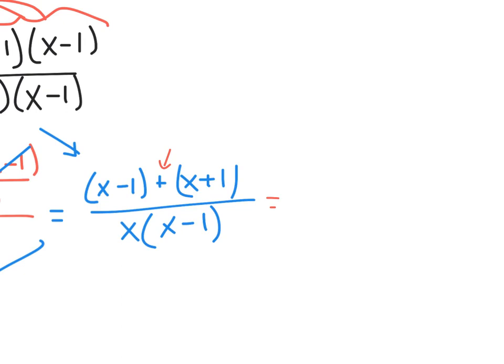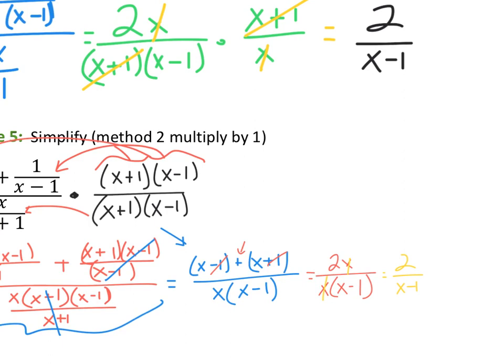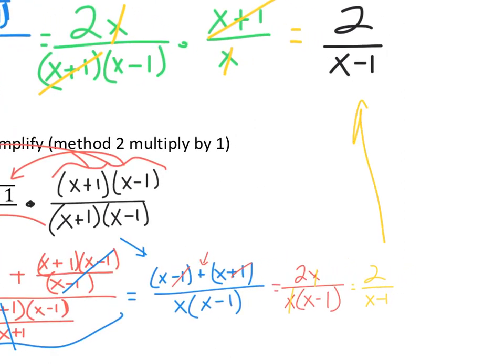Ignore the parentheses again because there's a plus sign, so negative and positive cancel out, leaving me with 2x over x plus 1, x minus 1, there we go. And just like the previous version, the x's cancel out. Then we're left with 2 over x minus 1, which should be the same thing I got in the previous problem. There we go.